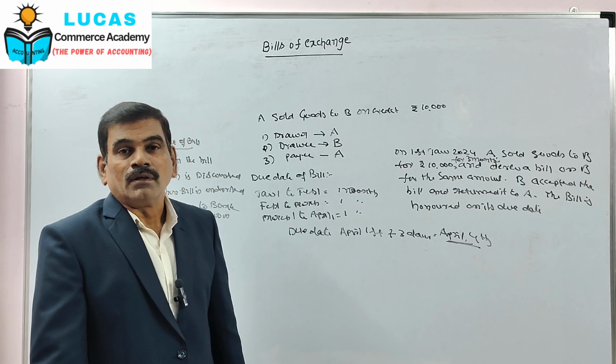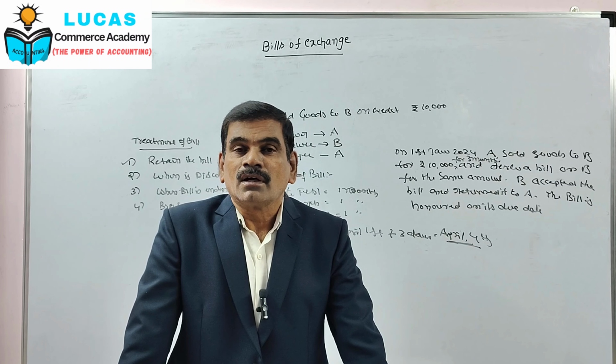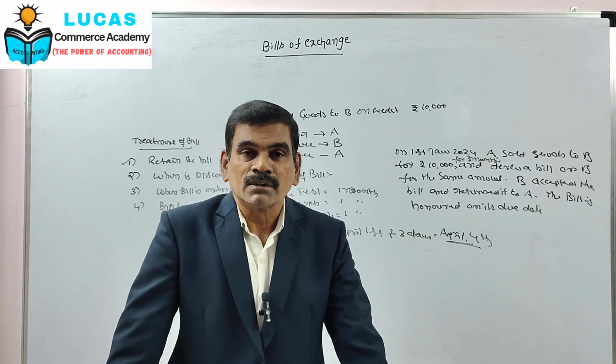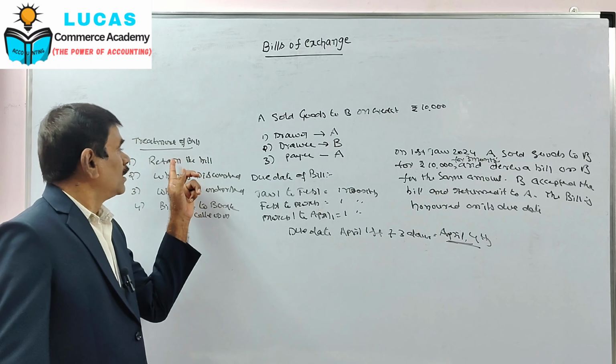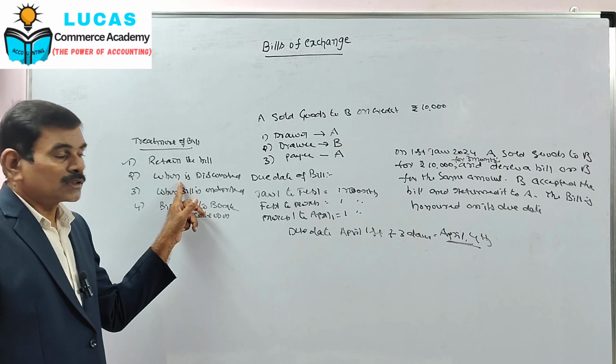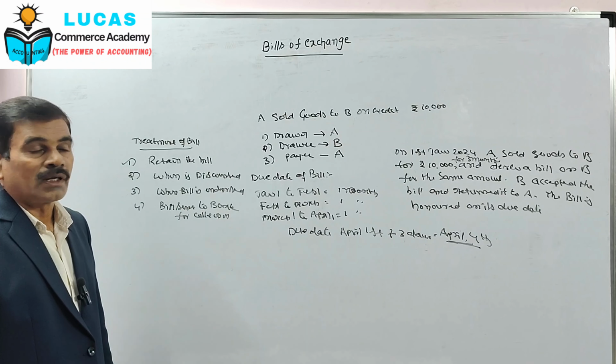Then treatment of bill. After getting the bill from the drawee, the drawer can treat it in any one of four ways: retains the bill until its due date, when bill is discounted, when bill is endorsed, when bill is sent to bank for collection.